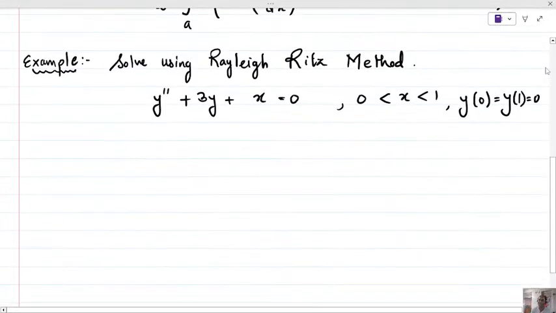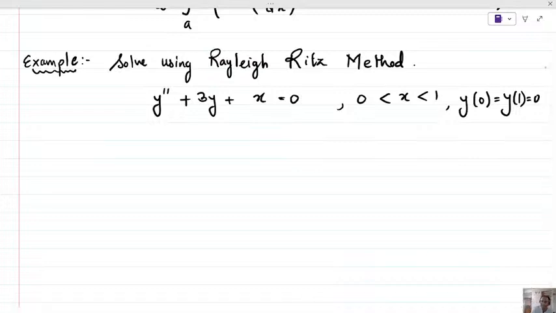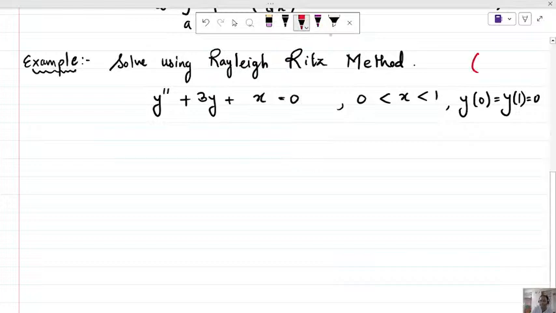Now such a question will come in your examination for 8 marks, so please be very careful about it. This is an 8 marks question and it is not a wrong question. A differential equation can also be solved by Rayleigh Ritz, but you have to convert it to the variational problem.